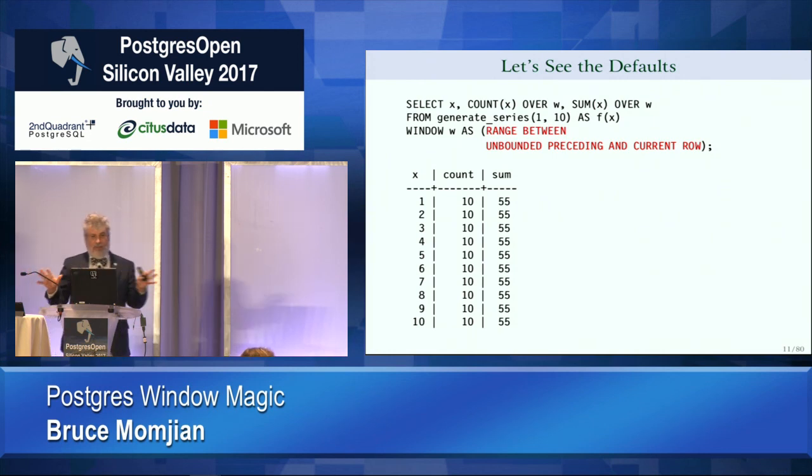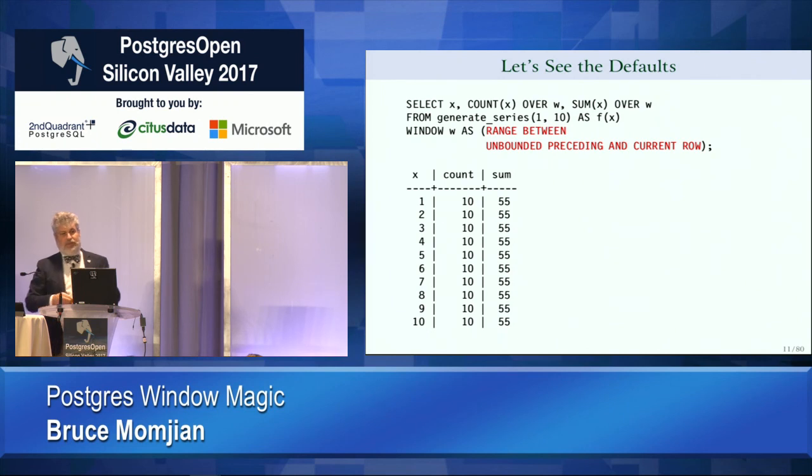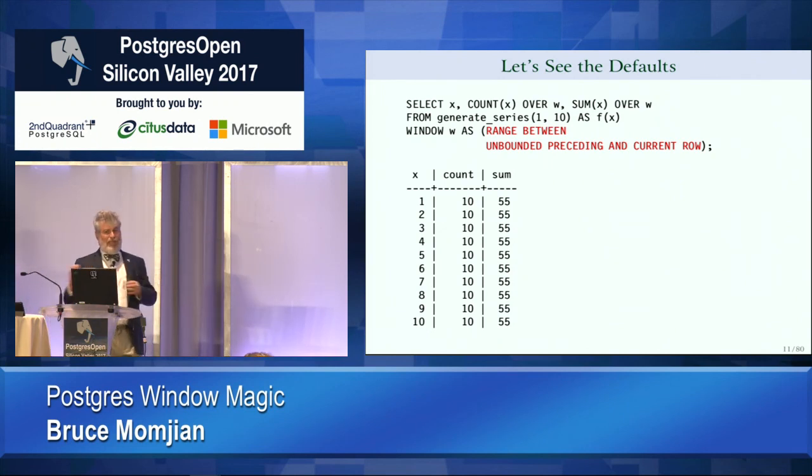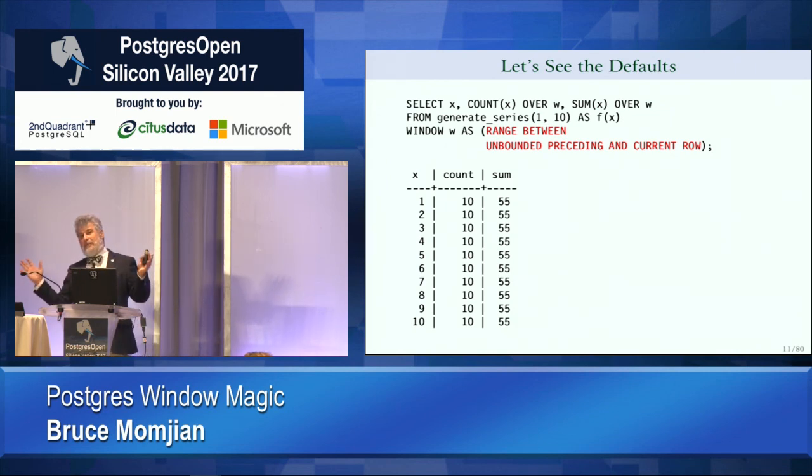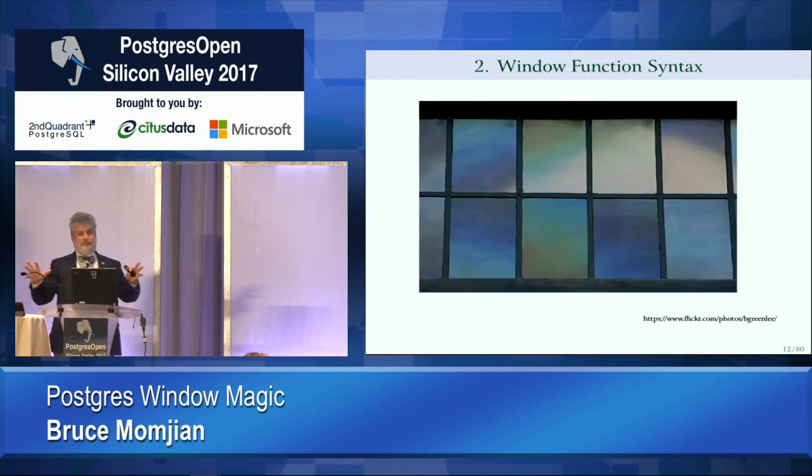I don't know how to put it. They mean a lot, and they don't always mean what you think they mean, which is another confusing part. So effectively, when you put empty parentheses, you are saying RANGE BETWEEN UNBOUNDED PRECEDING AND CURRENT ROW. I know that doesn't mean much to everybody. It will by the end of the talk, I guarantee you. Any questions?